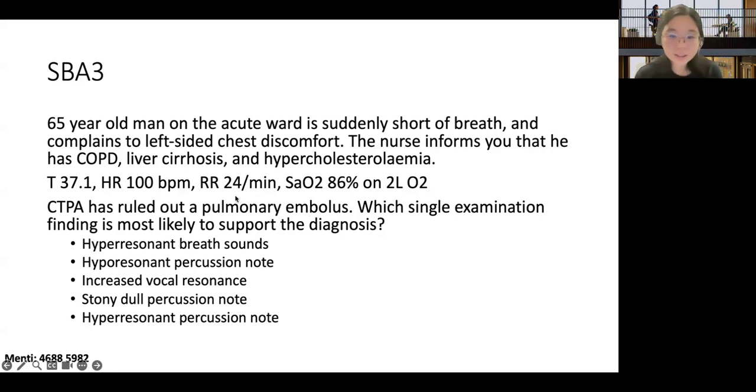Basically you should see COPD as a risk factor for pneumothorax, and then from there, if you have desaturated oxygen saturations and it's not improving on oxygen, you would suspect a PE, sorry, a pneumothorax, and a pneumothorax is air inside the lung, which would cause hyperresonance when you percuss, because it contains even more air than normal lung tissue.